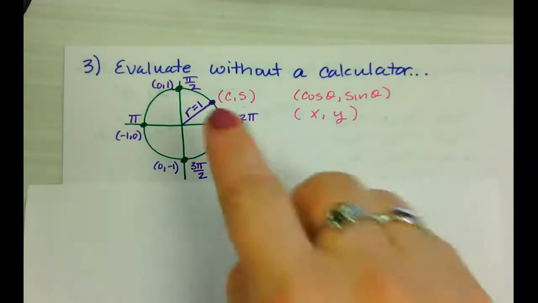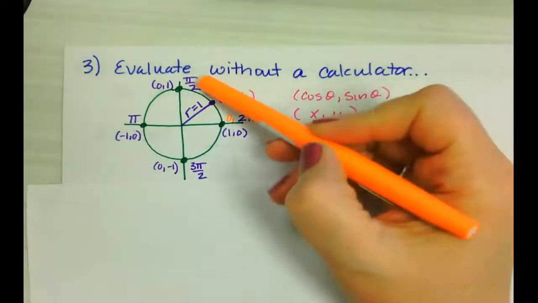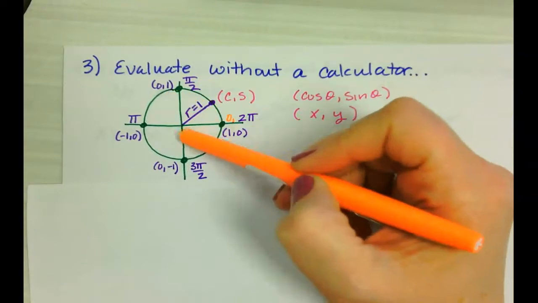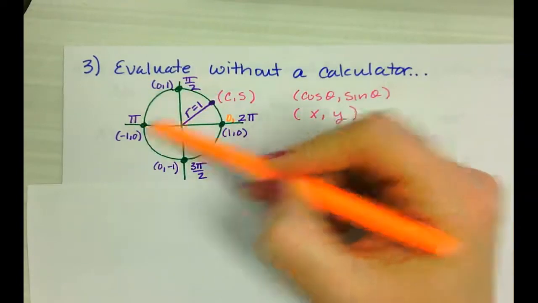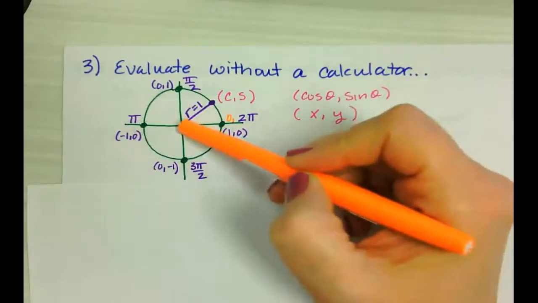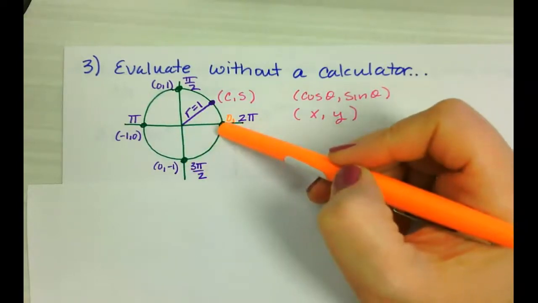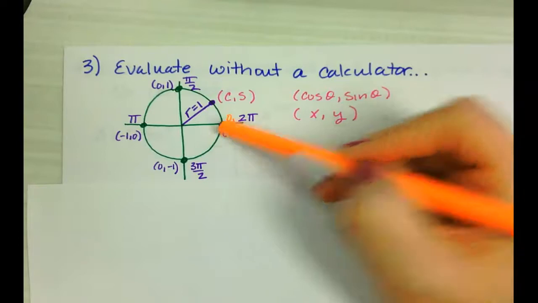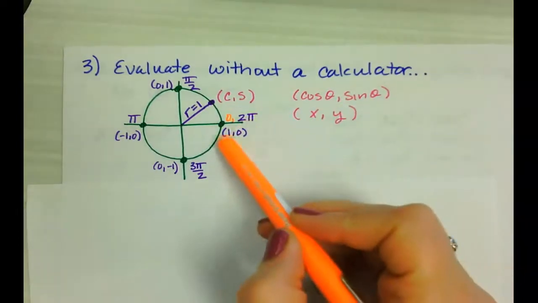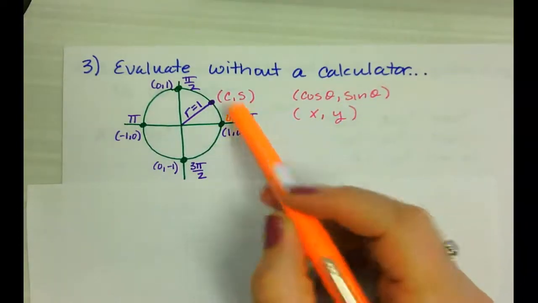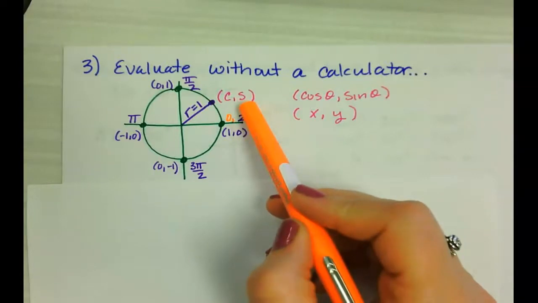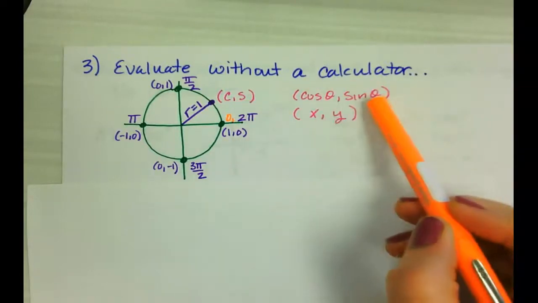And so then when I go up here at the top, I have pi over 2, and the coordinate for this would be 0, 1. And over here at pi, it would be negative 1, 0. And down here at 3 pi over 2 would be 0, negative 1, and then that brings me back to close my circle up at 1, 0 again. Well, the significance of those points is that the coordinates are actually 2 of your trig functions. They are cosine theta and sine theta.